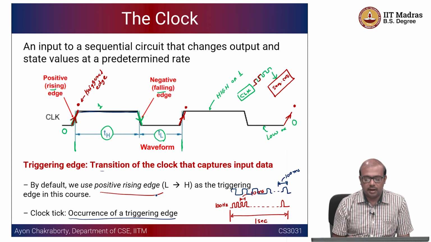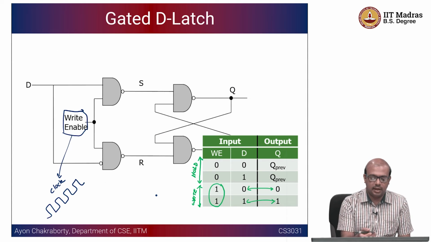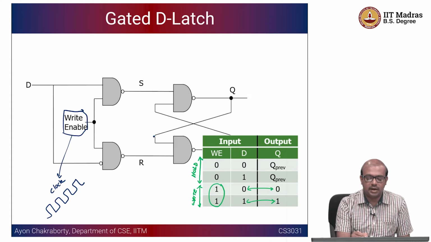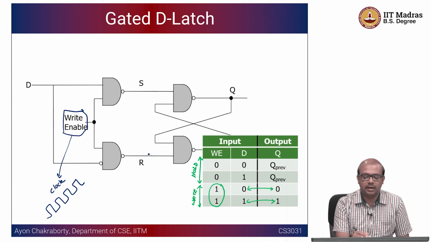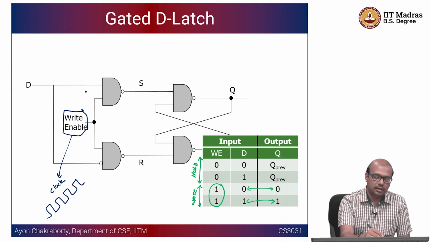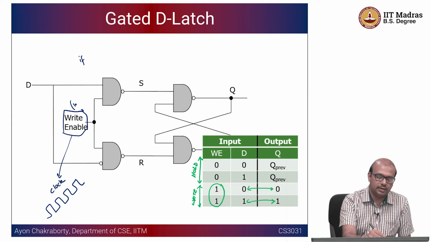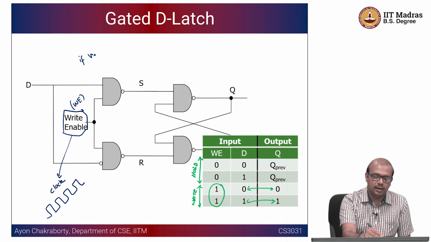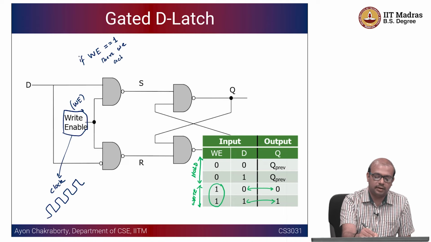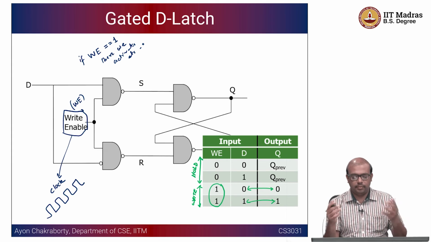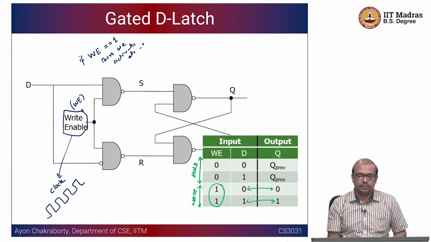Earlier in this example, we were capturing the data not on the edge trigger, but when the clock is high. If the write enable, WE, is equal to 1, then we activate writing the value of Q and so on.